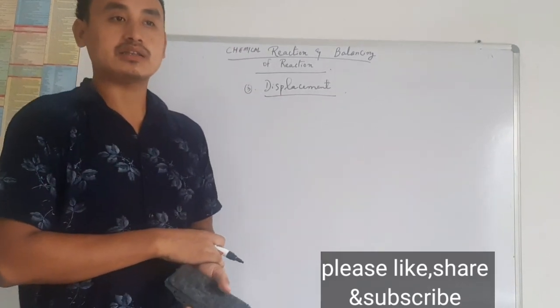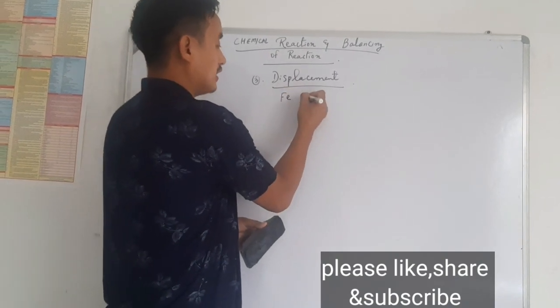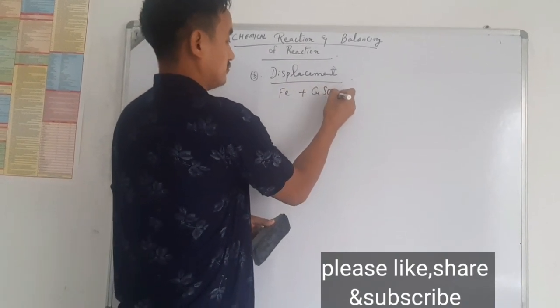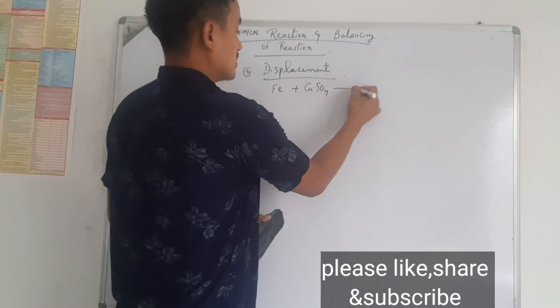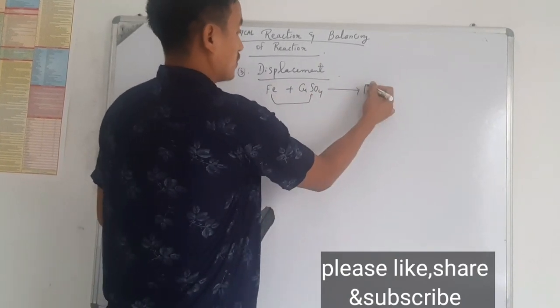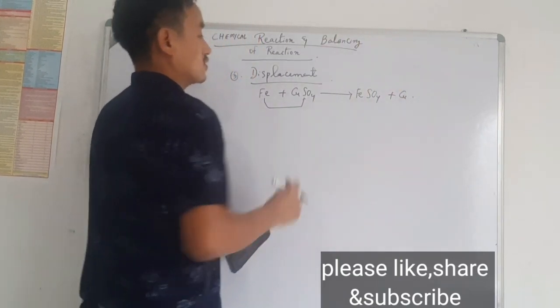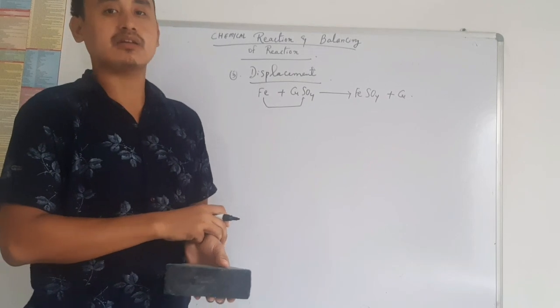For example, we have iron and copper sulfate. Whenever this reaction proceeds, the iron will displace the copper. So we will get ferric sulfate plus copper. This is called a displacement reaction.